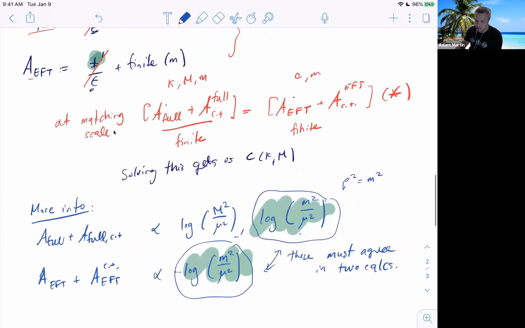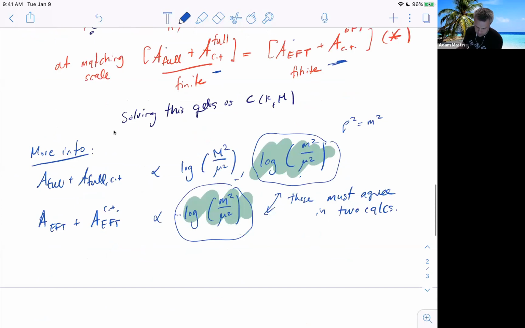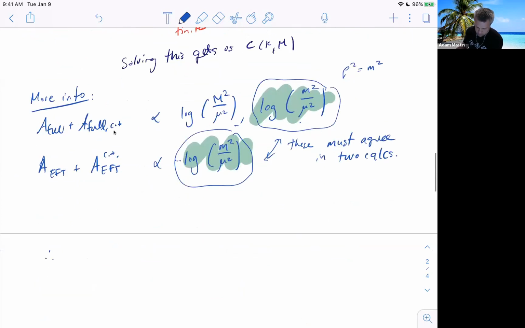What does that mean? Well, it means if the little m over mu dependence in this calculation and this one match, it's going to drop out when I try and solve for C. That makes some intuitive sense.